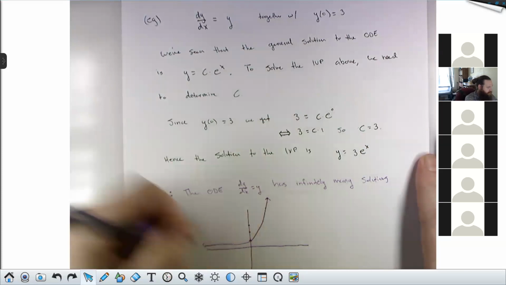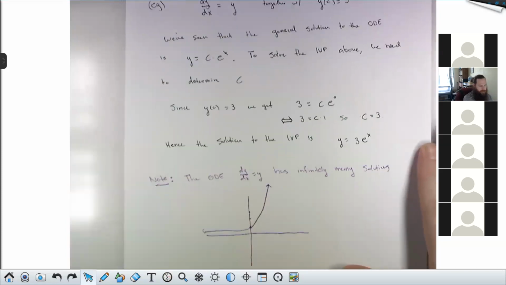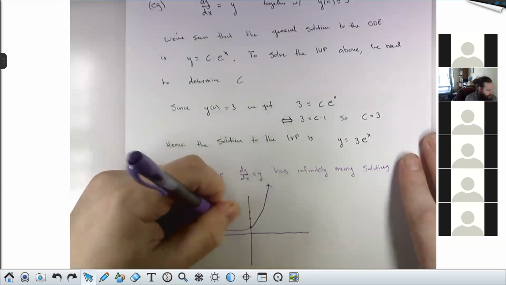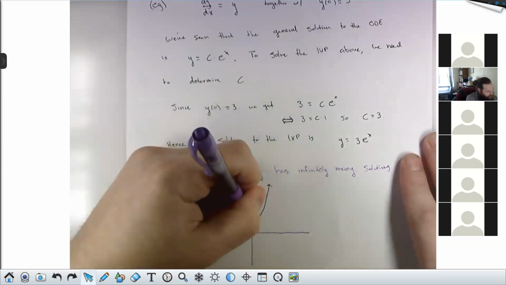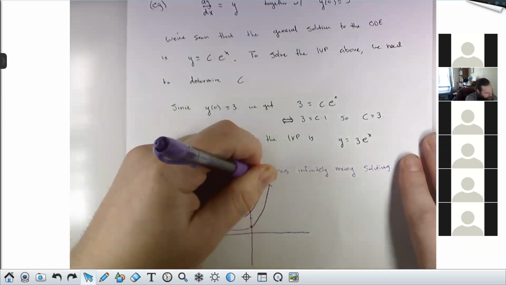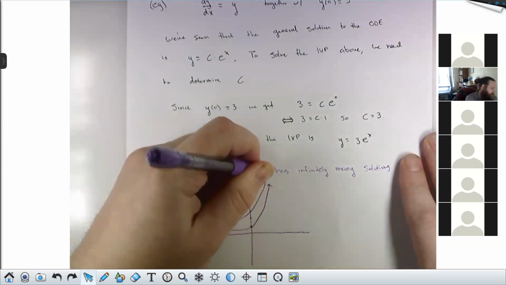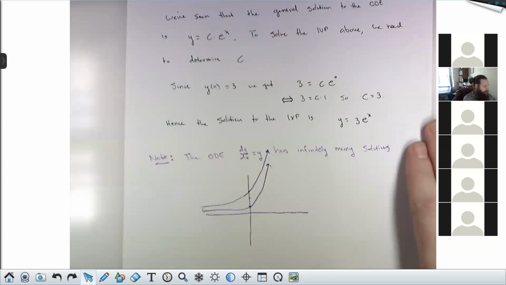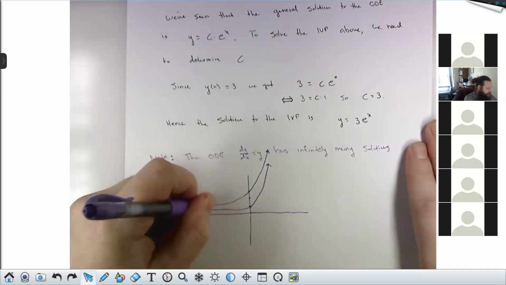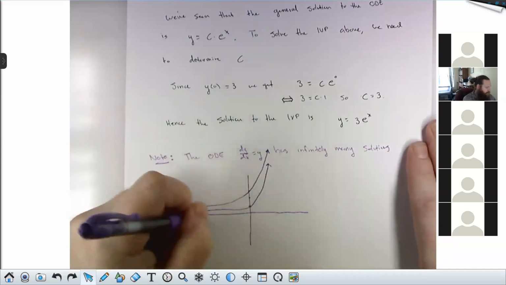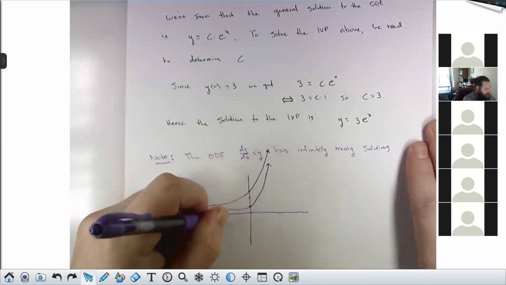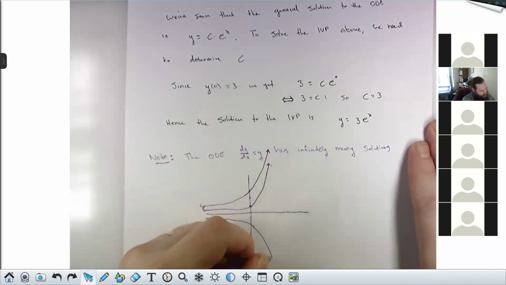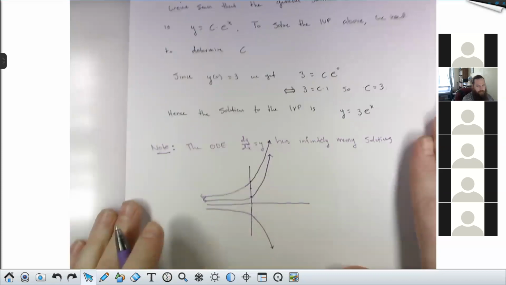Here's one solution, that's e to the x. Here's another solution, 3e to the x. Here's another solution, negative e to the x.